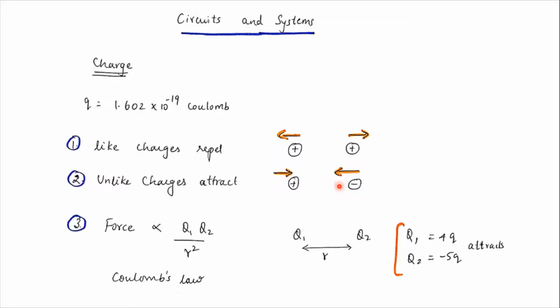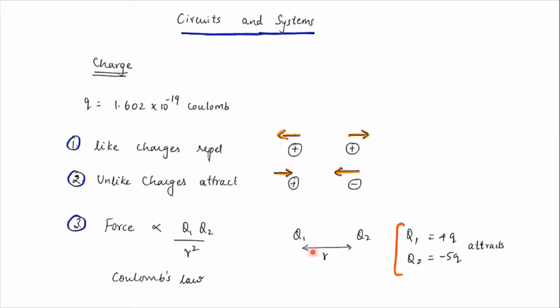The magnitude of the force can be given by Coulomb's law. Coulomb's law says that the force these two charges exert on each other, or on some other charges present around them, is proportional to the magnitude of the charges. Suppose a Q1 charge is present here and a Q2 charge is present here, separated by a distance of r.